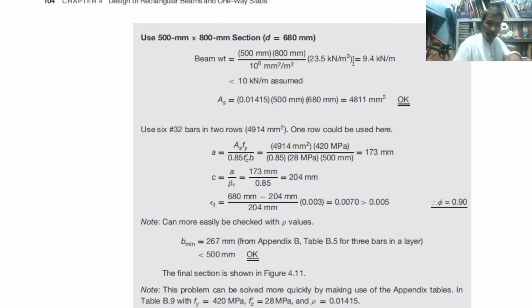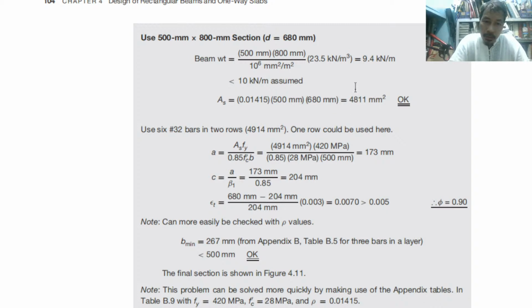Our assumption is 10. It is about 10 because the answer is 9.4. Okay, so it is okay. So we can therefore determine the steel area by using this value, and therefore this area is okay.